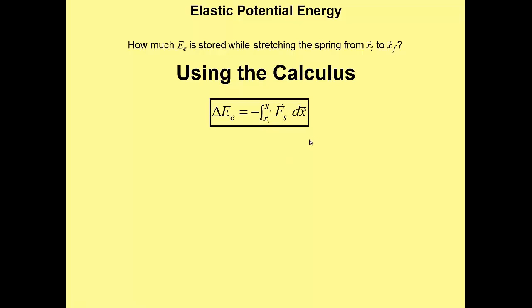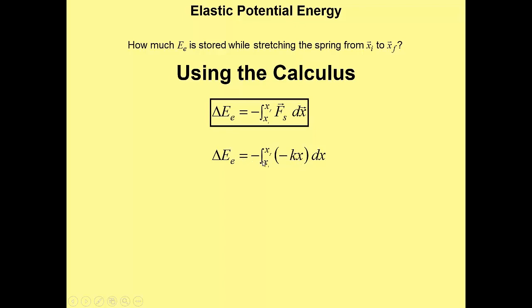Isn't that the same thing? We said the elastic potential energy was the negative of the area under the curve of the force exerted by a spring versus elongation or compression graph. Well, that's what this is in calculus. It's the negative of the integral of F_s dx from xi to xf. And from Hooke's law, we know that F_s, the force exerted by a spring, is negative kx.